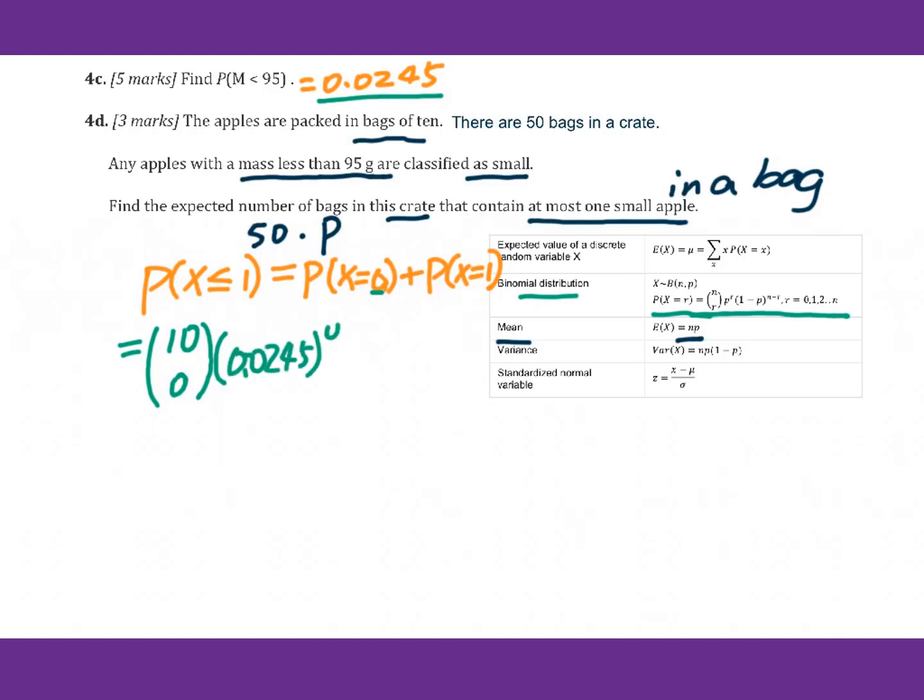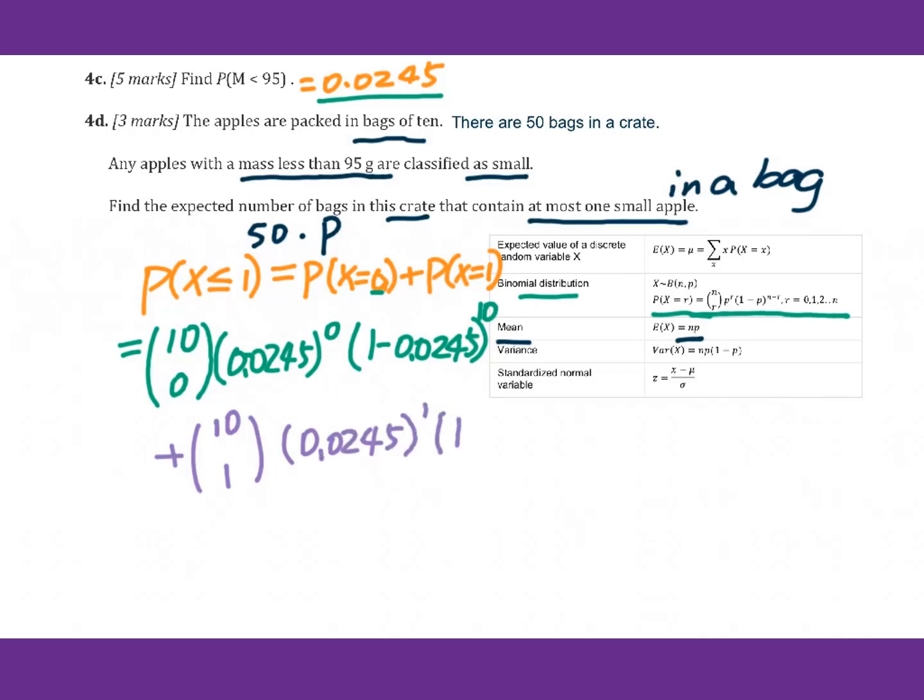So 0.0245 to the 0 power times (1 minus 0.0245) to the 10th power, plus: 1 apple is small out of 10 apples altogether, so 0.0245 to the first power times (1 minus 0.0245) to the 9th power.